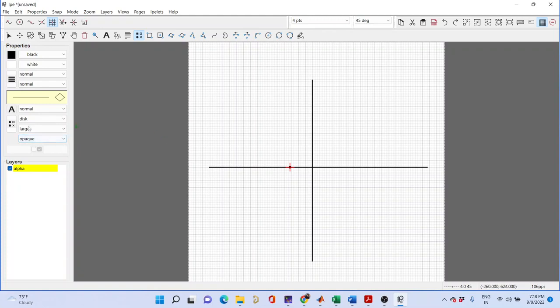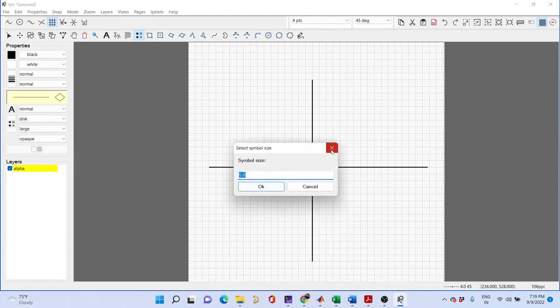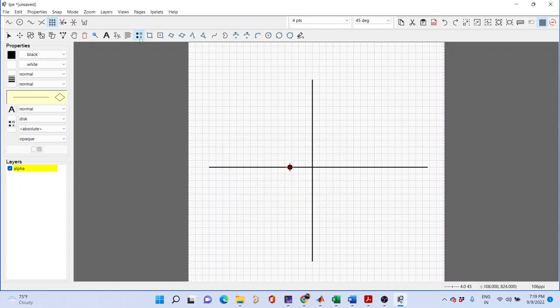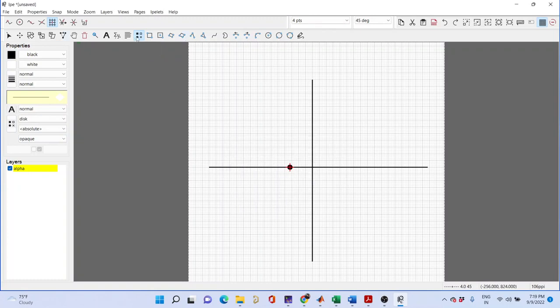What mark is it showing me? I wanted a mark of pole. It is difficult this way.